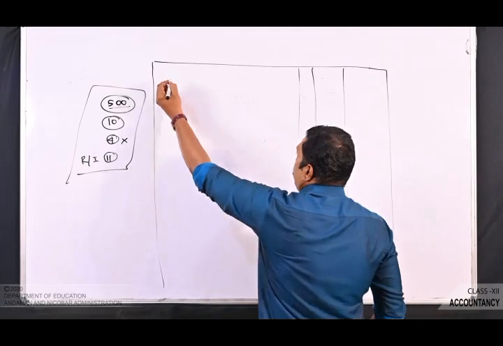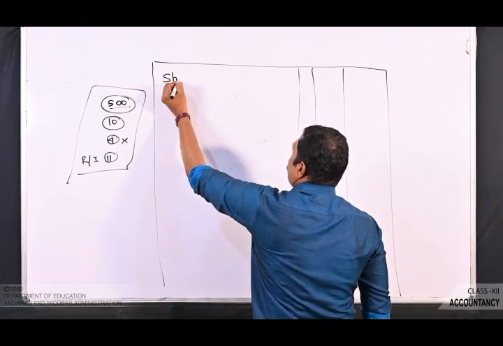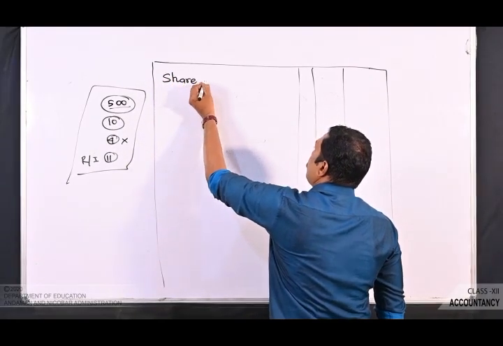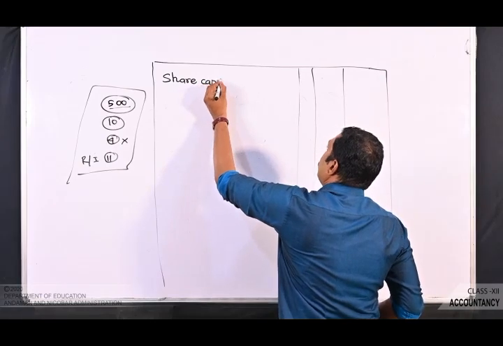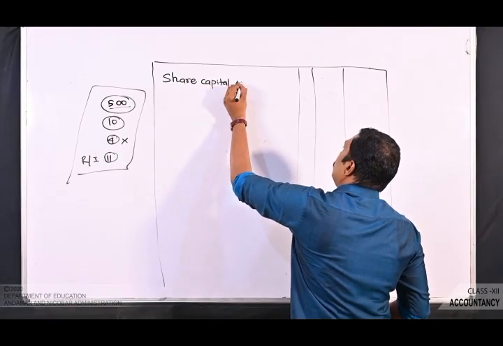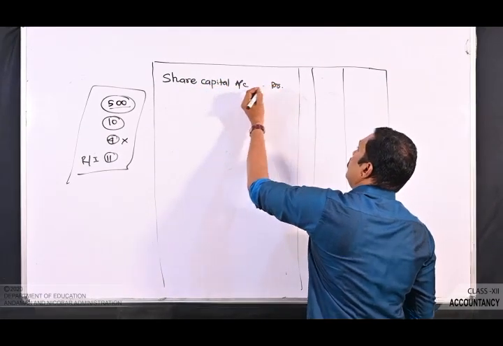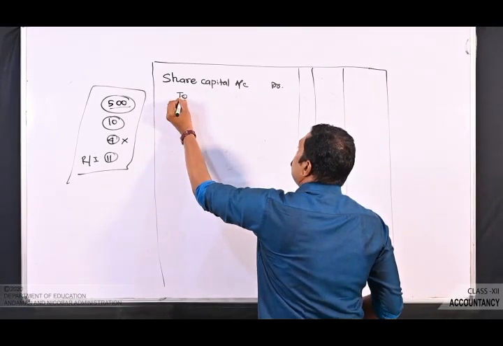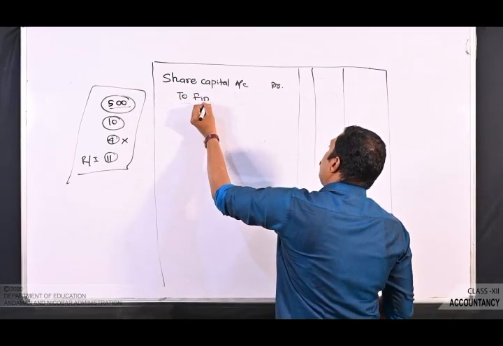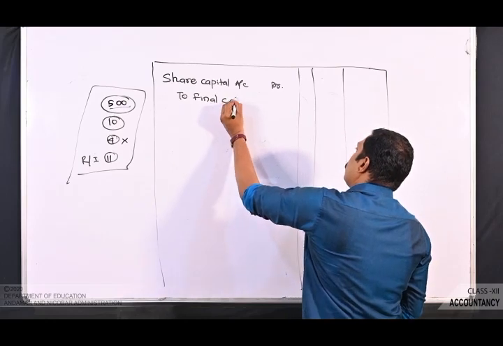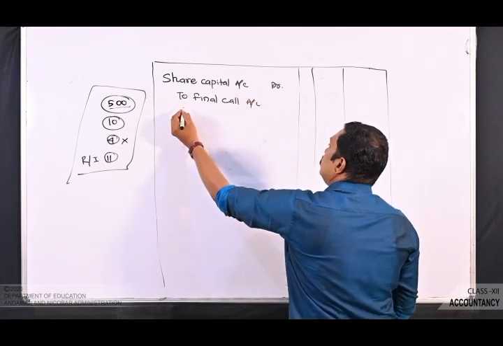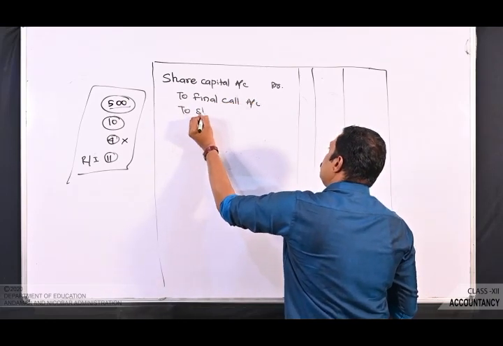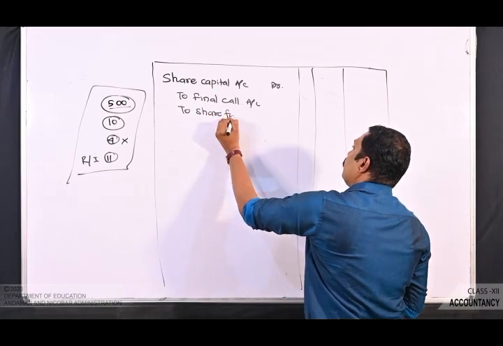So start. Share capital account debit to final call account, to share forfeiture account.